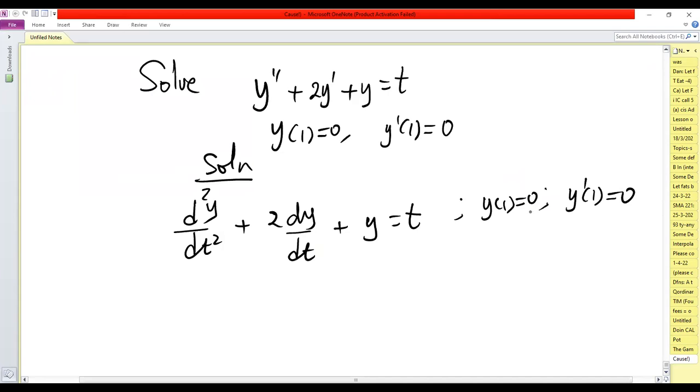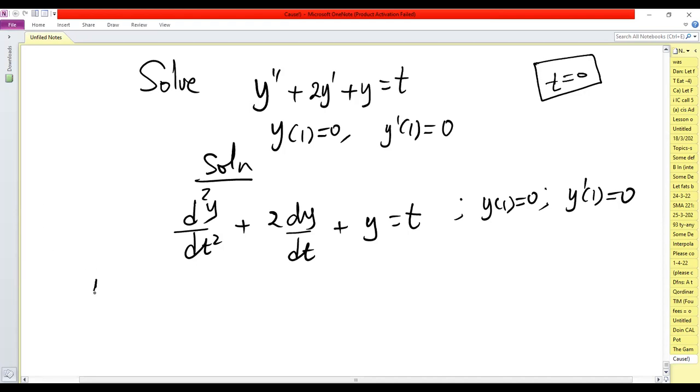Now, to be able to use the Laplace transform method, we expect our initial conditions to be at t equals 0. But since the conditions given do not allow us to start at t equals 0, we are going to introduce a new variable, or do a transformation, that is going to change the whole differential equation to take the structure of initial conditions starting at 0.